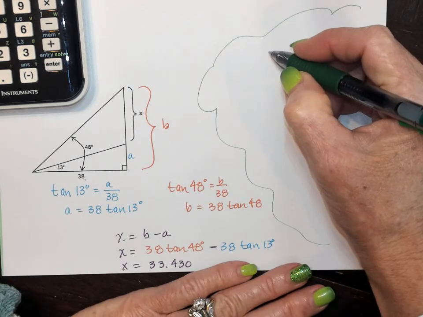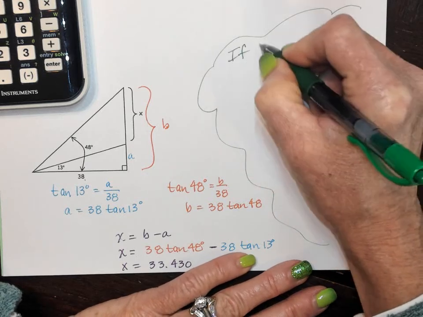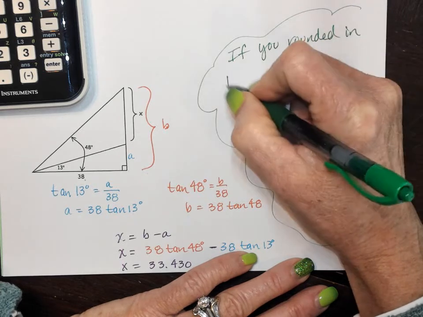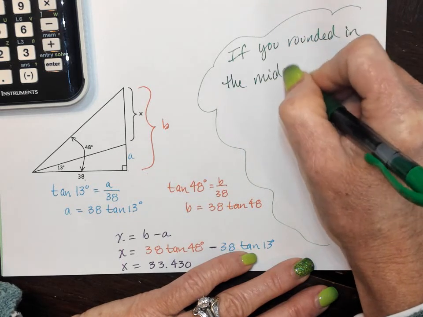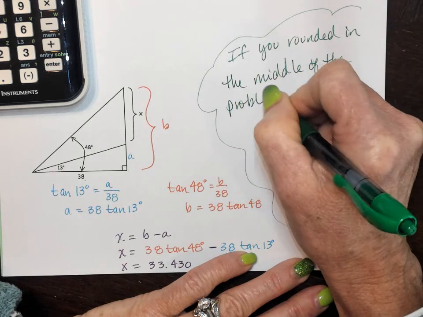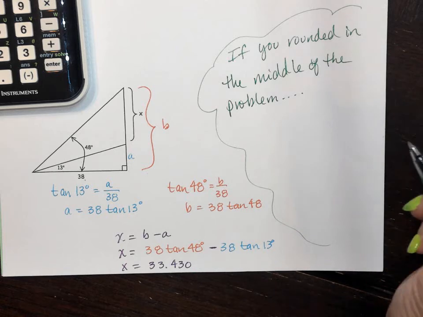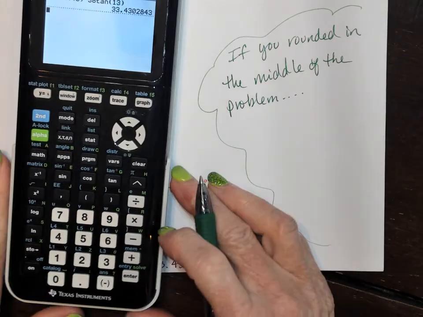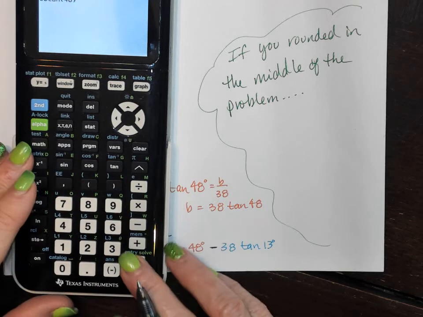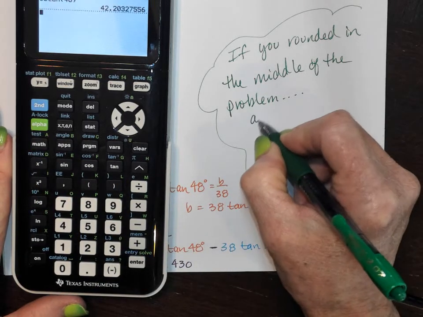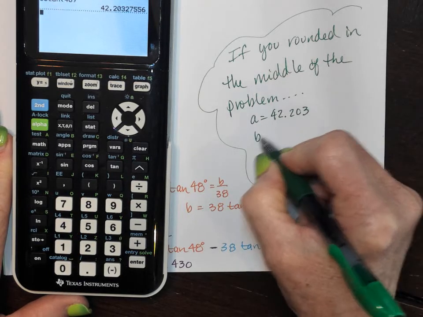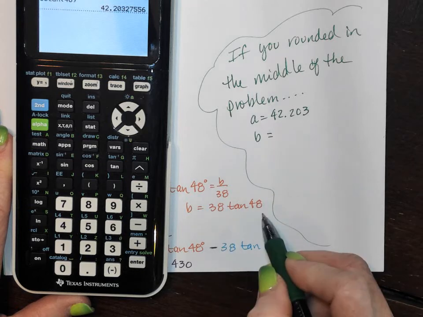All right, now I do want to address that if you rounded in the middle of the problem, then let's find that 38 tangent 48, which is 42.203.